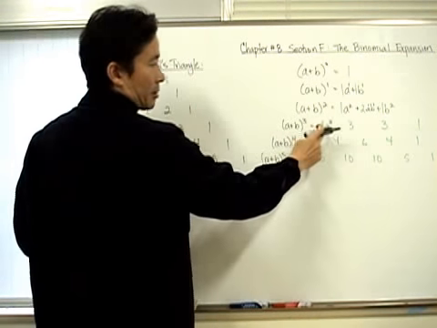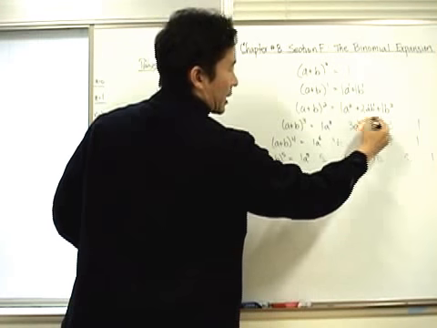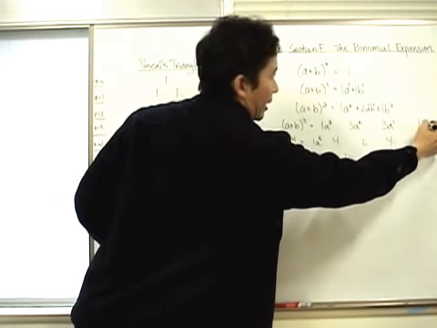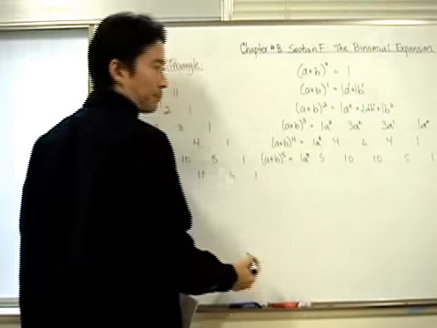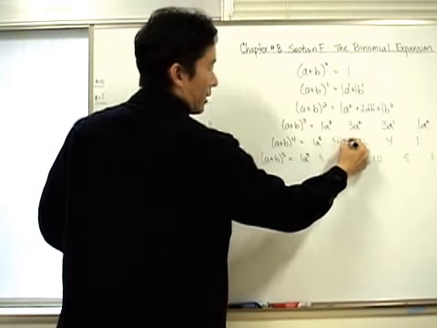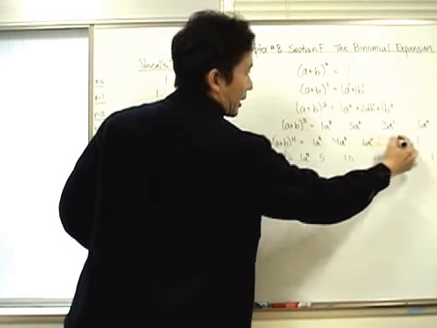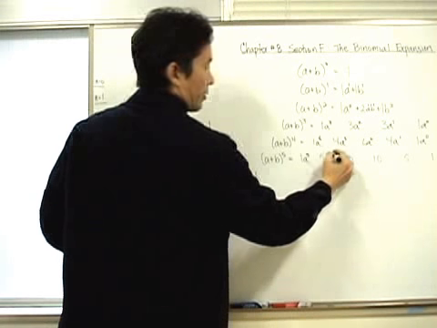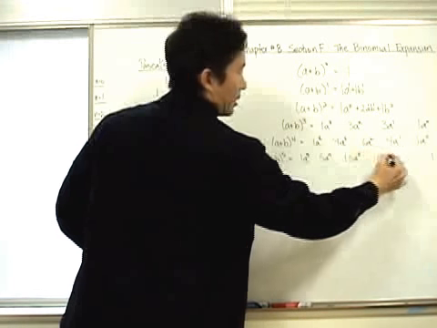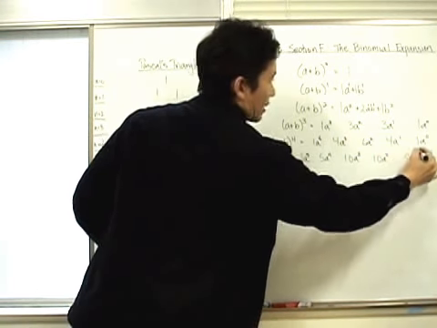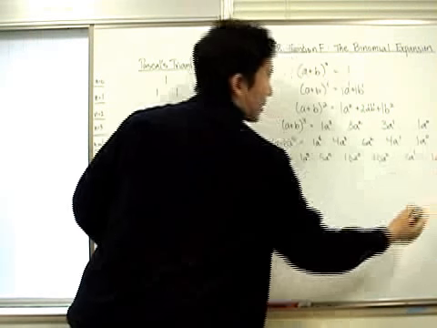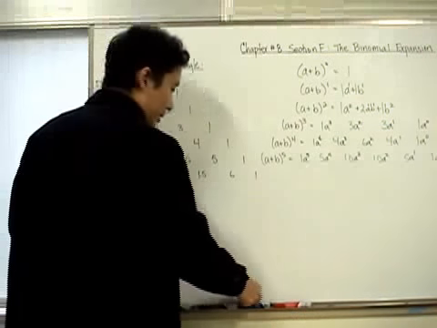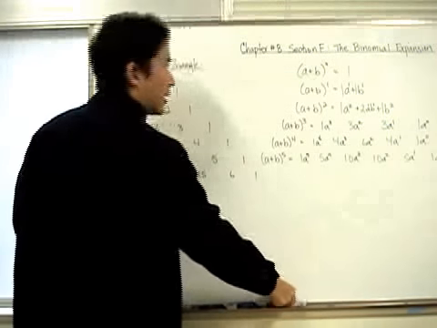So in this case also it's going to be a to the third, a to the second, a to the first, and I'll go ahead and write it as a to the 0. In this case over here, a to the third, a to the second, a to the first, a to the 0, a to the fourth here, a to the third, a squared, a to the first, and a to the 0. Now I'll do this in a different color so we can keep these things separated here.